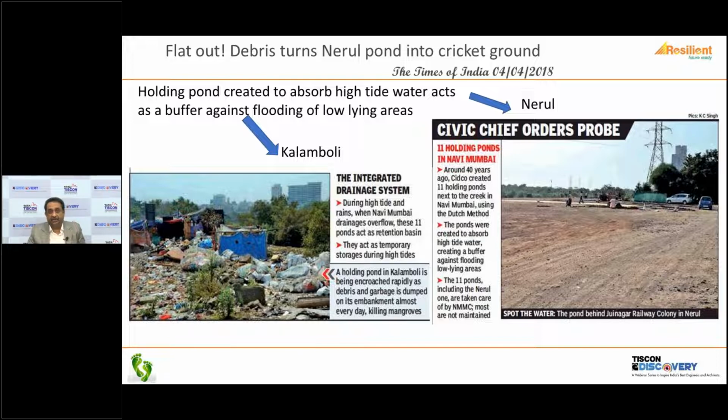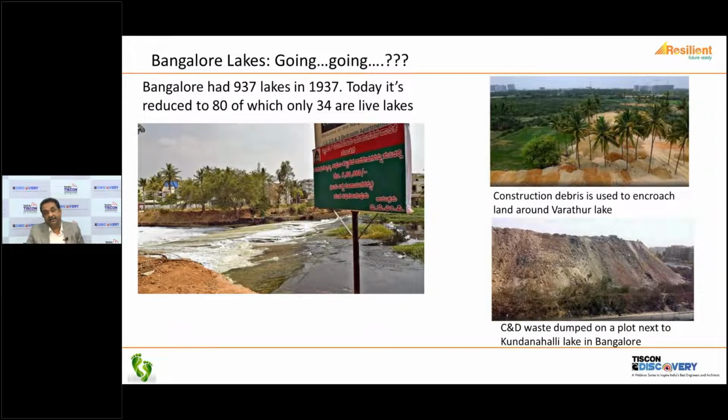You look at Bangalore, it was once known as the city of lakes. In 1937, there were 937 lakes in Bangalore. Today, you have hardly 80. And out of those 80, there are only 34 which are live lakes. On the left side of your screen is the famous Bellandur Lake, which actually catches fire.